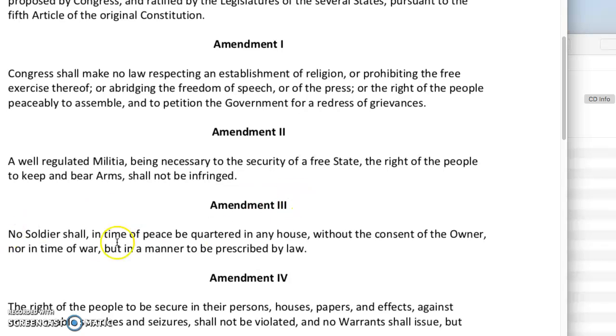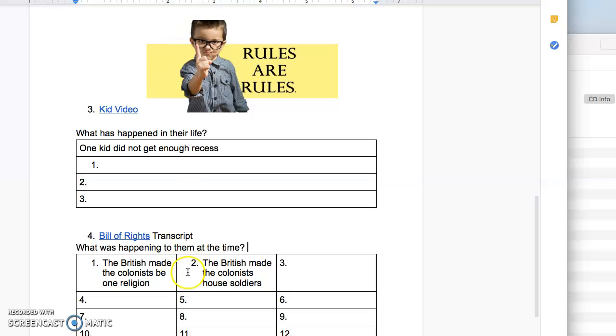It says, Amendment 3, no soldier shall in time of peace be quartered in any house. That means be put in a house. So then I'm going to put here, the British made the colonists house soldiers. And they did. They made them house these soldiers who came over to fight the colonists or put the colonists in their place.